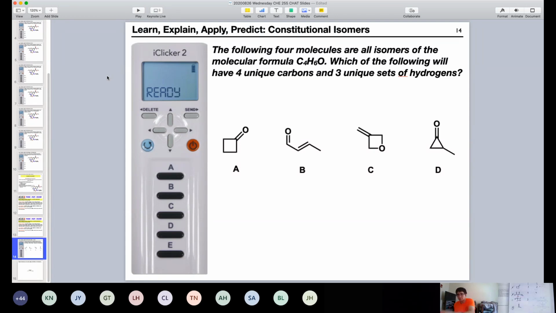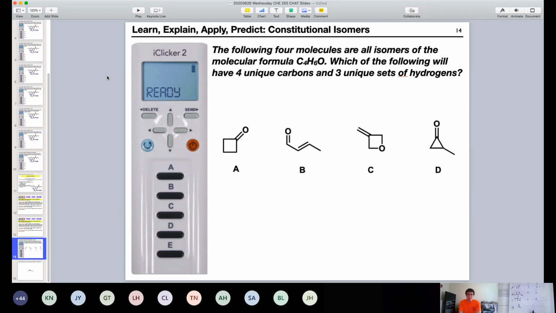And then that one is different. How many unique H's do you see? There's 2. You have a methylene and a methylene. Those are the same. And then you have this CH2 here. And again, we got that from symmetry. There's a mirror plane bisecting that molecule.